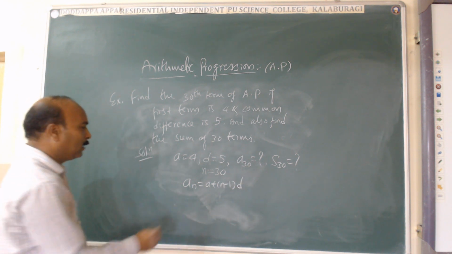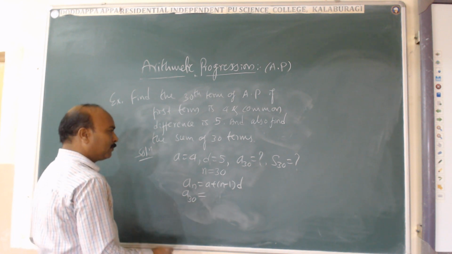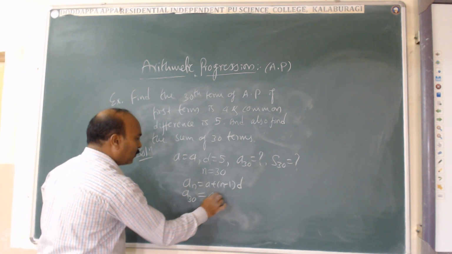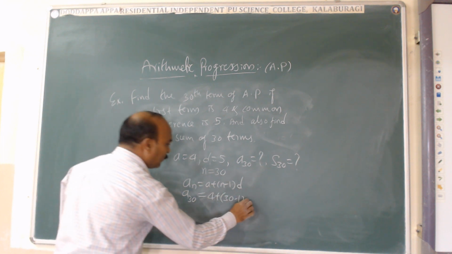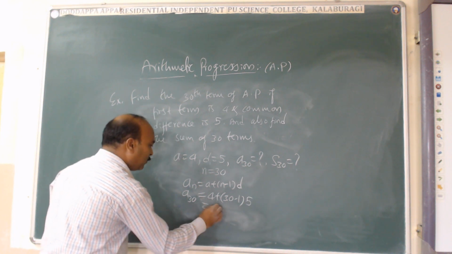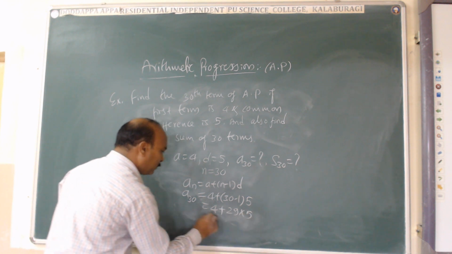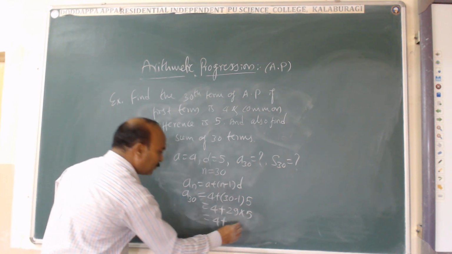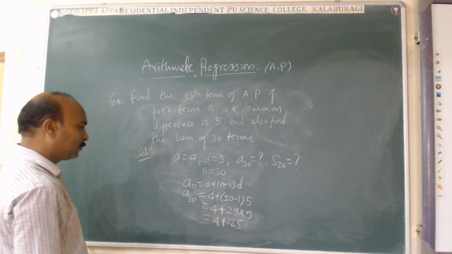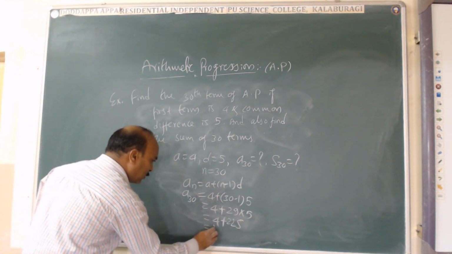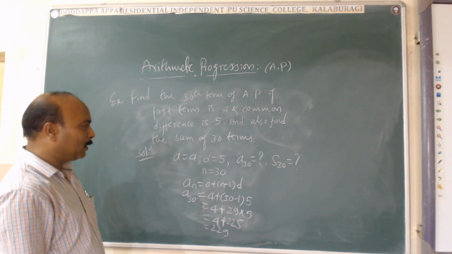Now substituting the values, n equal to 30 means a30 equal to 4 plus 30 minus 1 into d is 5. So it is 4 plus 29 into 5, it is 4 plus 225. So the answer is 229. It is the 30th term of AP.